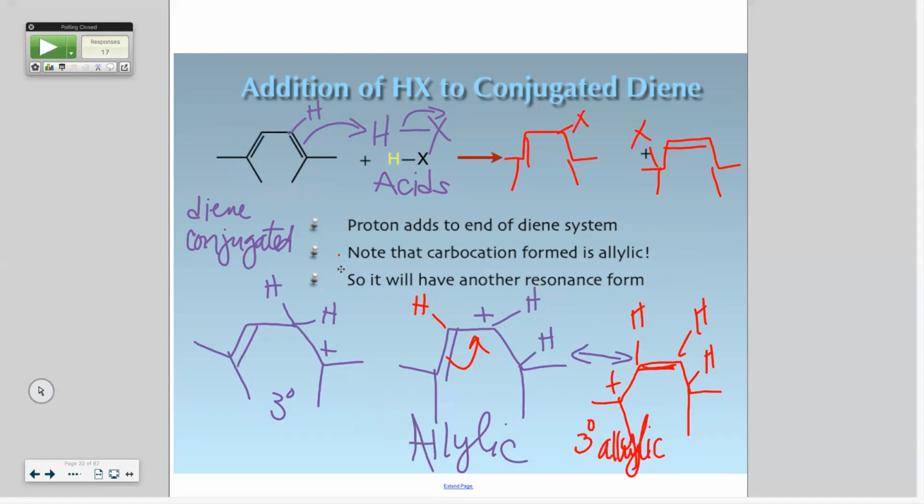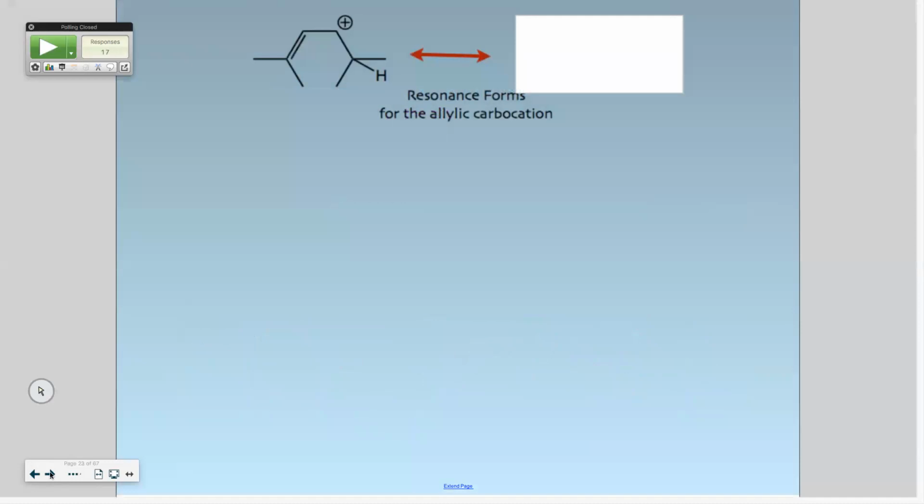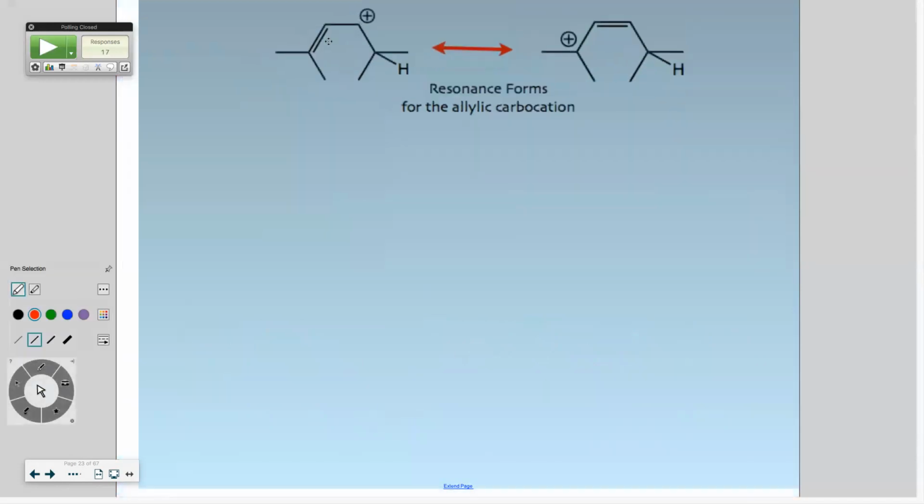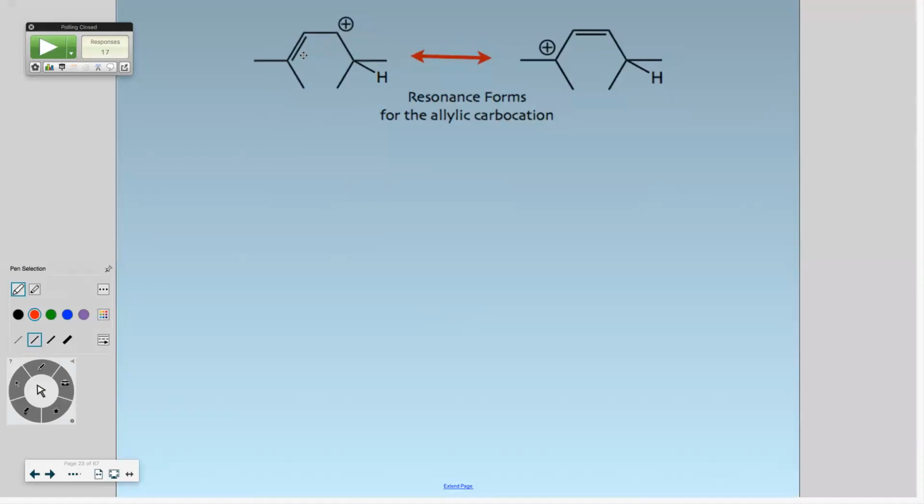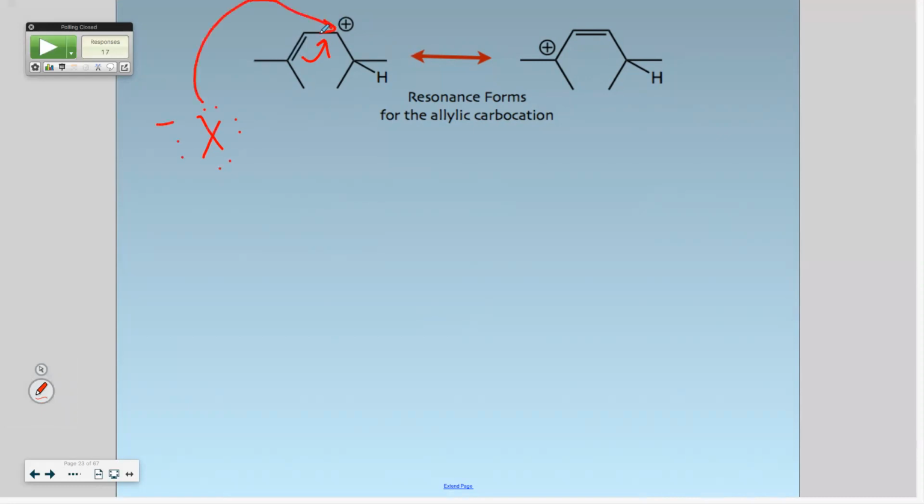All right, are you ready for me now? Okay, so these are the resonance forms for that carbocation. Ooh, I didn't lock every one of these in place. Okay, so then you also had X minus, and we're going to add to there, and an X minus will add to there.